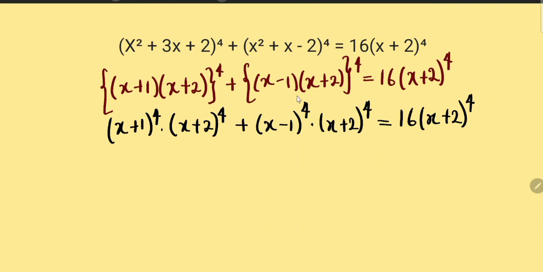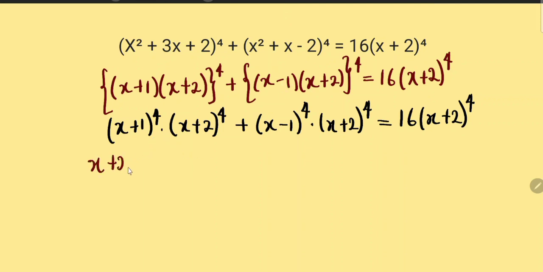Then we should be careful that there are terms that are common. On our left hand side we have the term x plus 2 here, and also x plus 2. And on our right hand side, we can see another term of the same form. So let's factorize x plus 2 all raised to the power of 4 out.